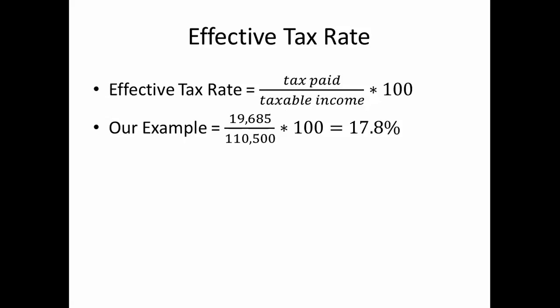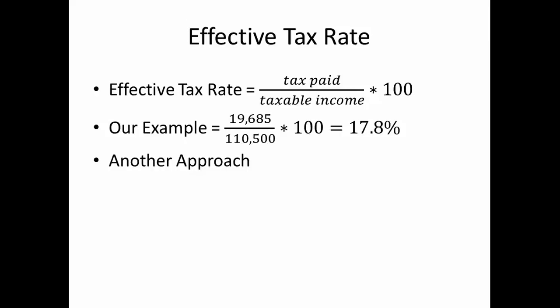So their effective tax rate is 17.8%. Even though they were in the 25% marginal tax bracket, not all of their taxable income was charged at 25%, because some of it was at 10% and some at 15%. Their effective tax rate was only 17.8%.